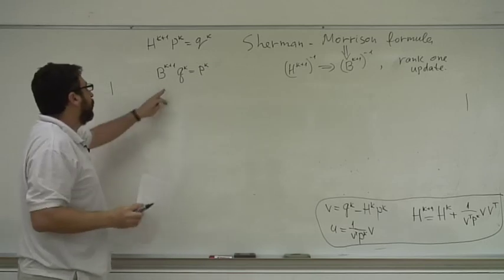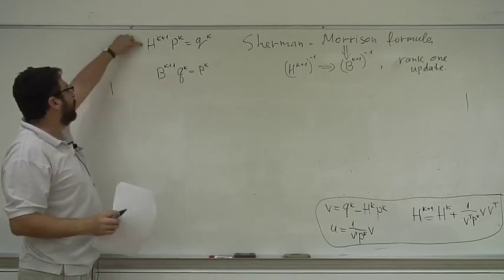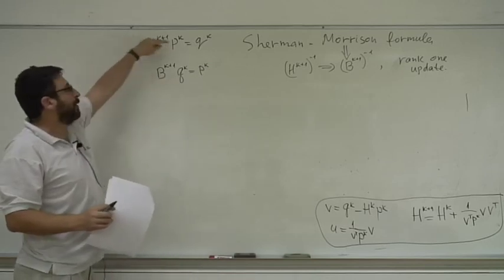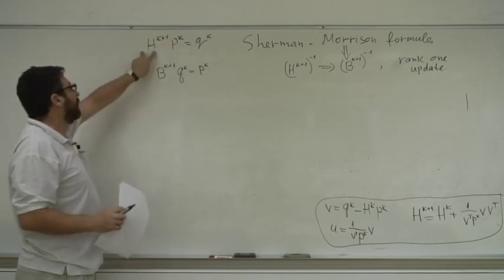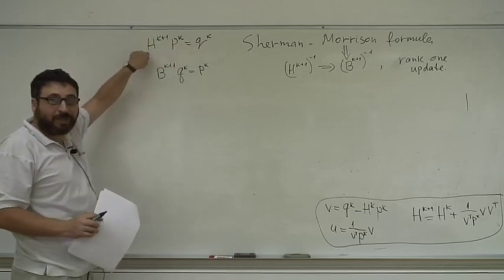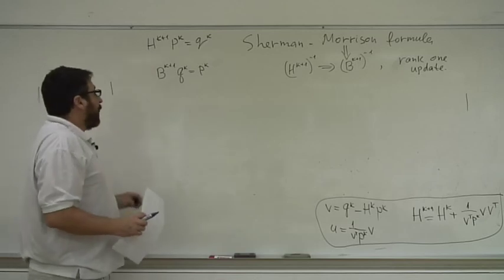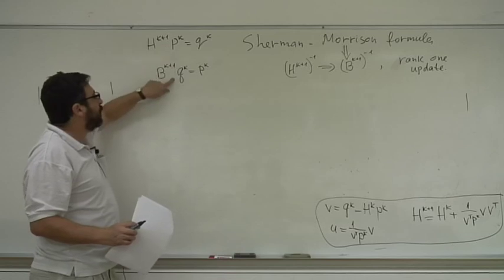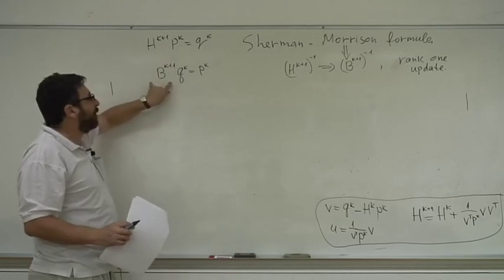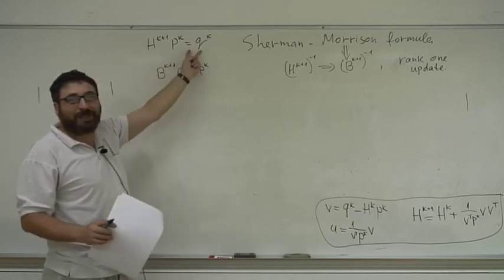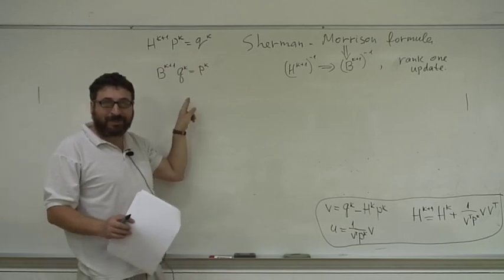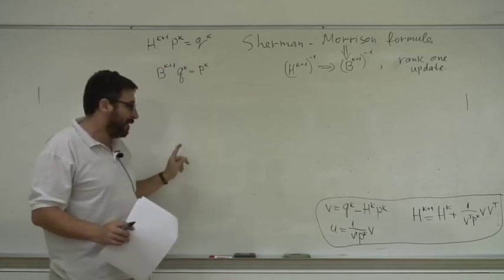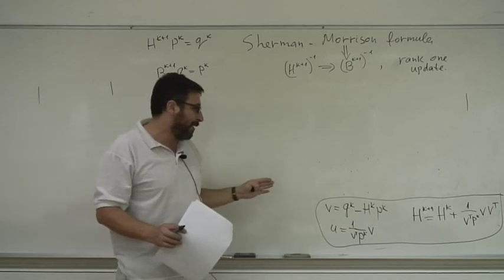Again, how did I get this formula? I just multiply BK plus 1 on the left and right side and use that BK plus 1 is the inverse of HK plus 1. But if you compare these two expressions, you see that they are very similar except P and Q switch their roles.